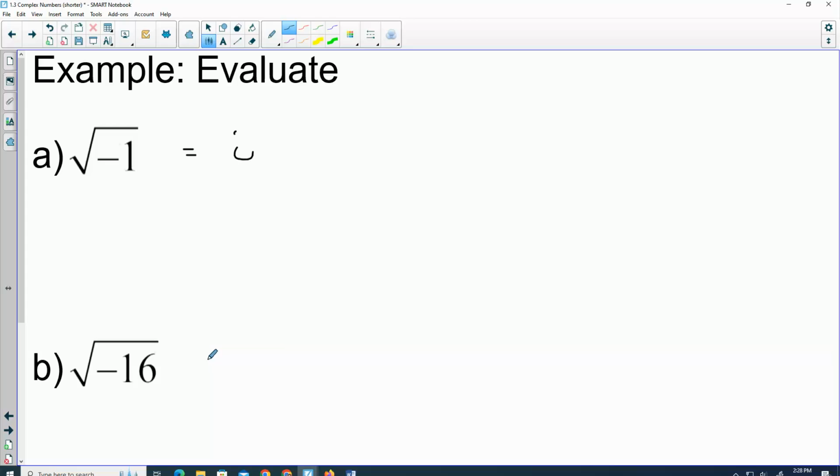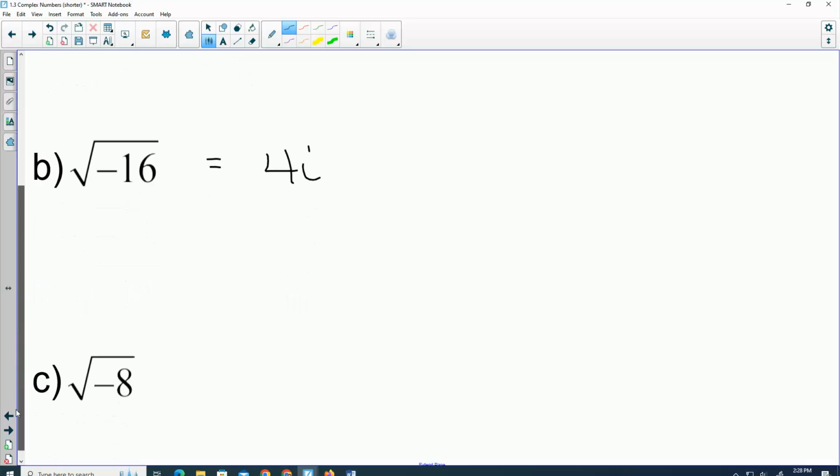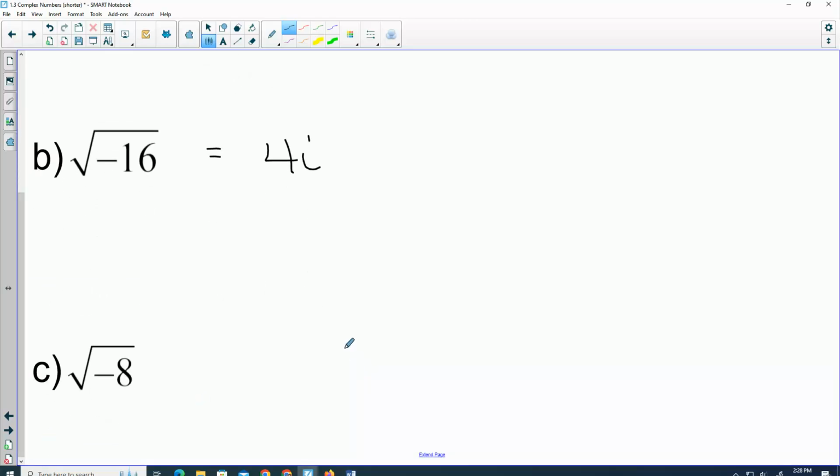What's the square root of negative 16? 4i. Okay, square root of negative 8. We have to think about 8 can be broken into a 4 and a 2. Square root of 4 is 2. We also take out an i because of the negative. And we still have a square root of 2. So I always want our radicals in lowest form.